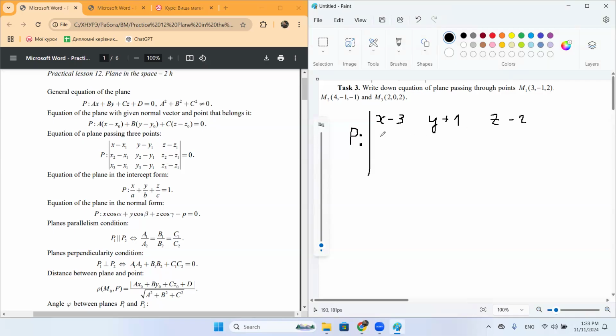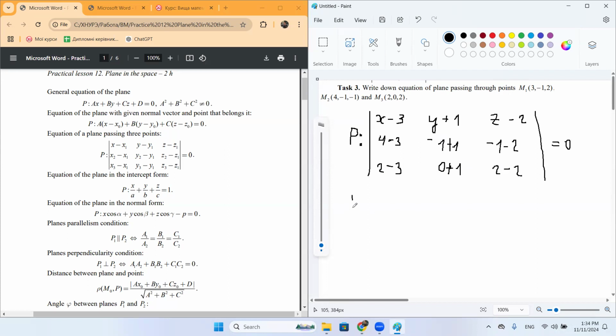So 3, and then minus 1, oh no, what am I doing, 4 minus 3, and 2 minus 3 here. Then minus 1 plus 1, and 0 plus 1 here, and so minus 1 minus 2, and 2 minus 2.